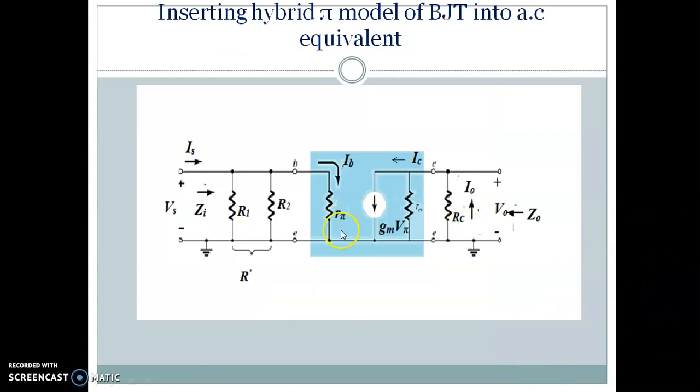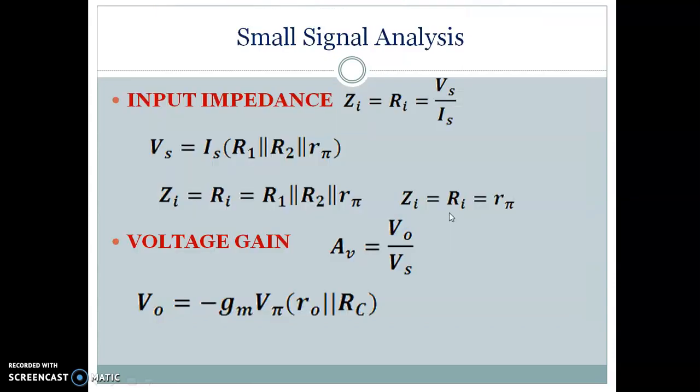As the next step of your AC equivalent, we have replaced the transistor with its hybrid pi model. You could see here R1 is becoming parallel with R2, and the impedance is taken as your R', and r_pi is the input impedance of your CE configuration. Then gm V_pi, here we have included r0, which is your Early effect, and RC, that is your collector resistance.